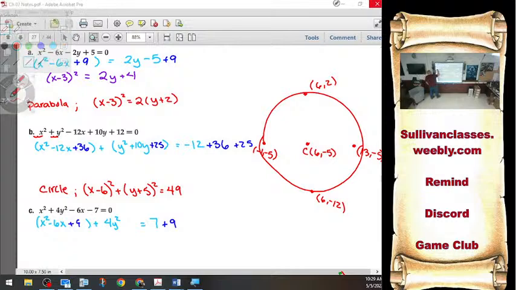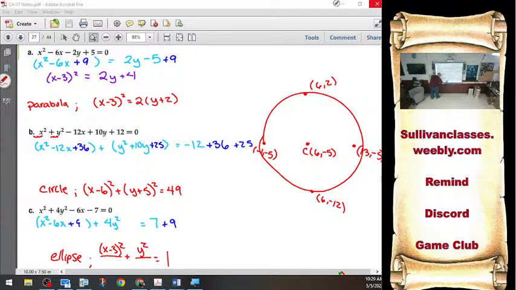So I have, we said it was an ellipse. I'm going to have X minus 3, the quantity squared. I'm going to have Y squared equals 1. When I divide both of those things by 16, I get my 16 here, and 4 over 16 is 4 there.